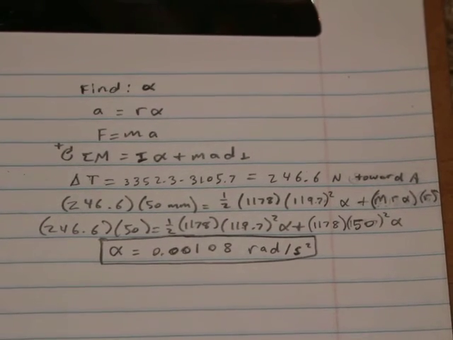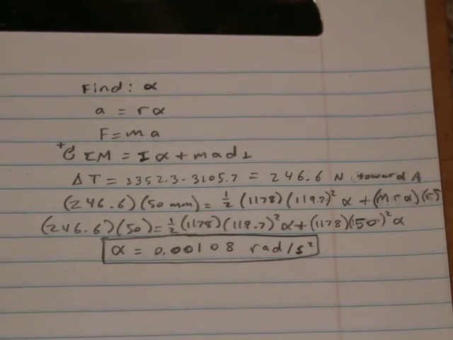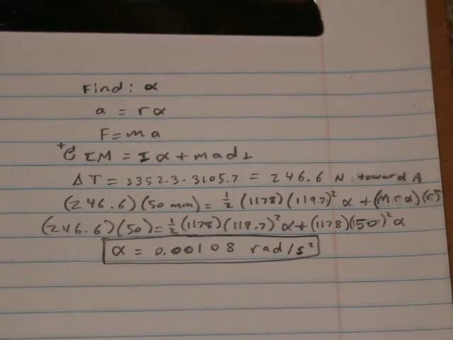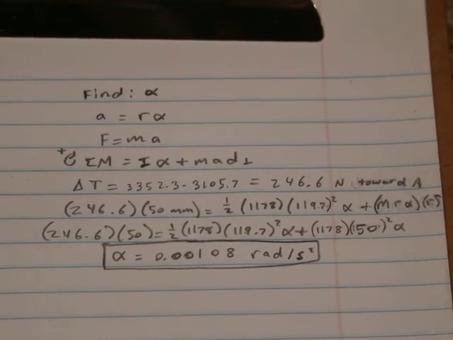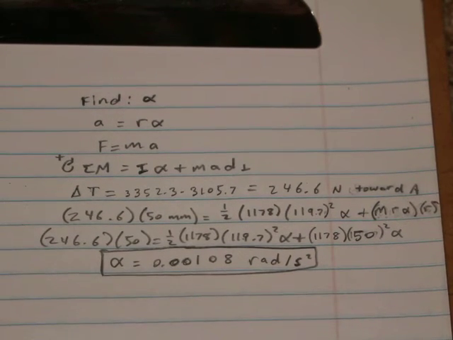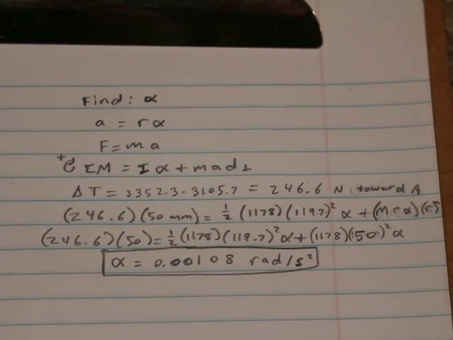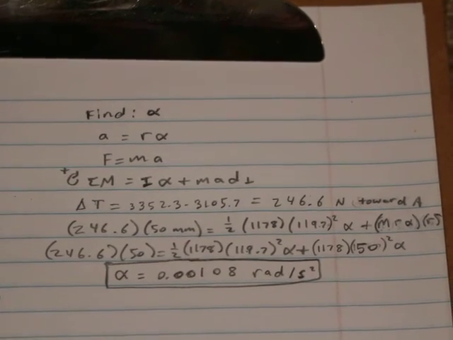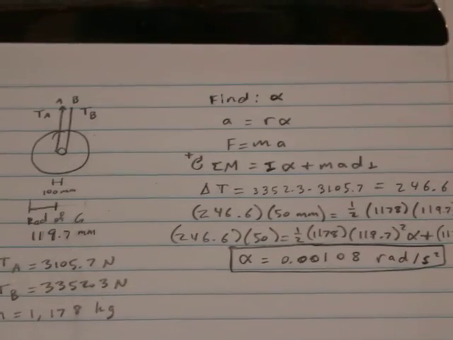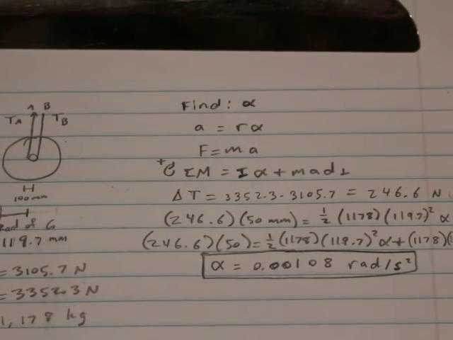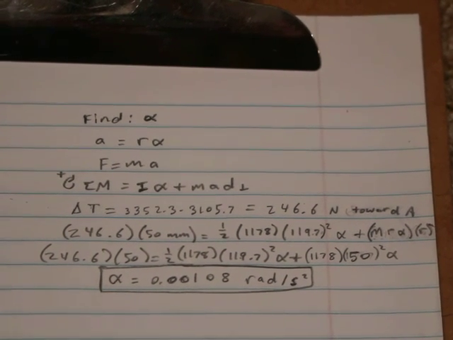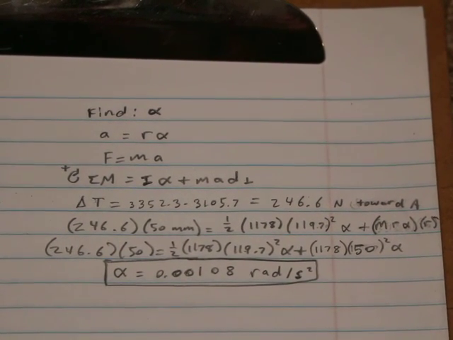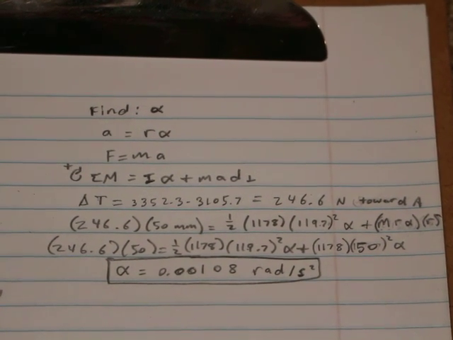The left side of the equation stays the same, inertia times angular acceleration, and the right side of the plus sign becomes our mass, 1,178 kilograms, times 50 millimeters squared. Again, that's the radius of the moment about the tension, squared, times our angular acceleration. And our angular acceleration equals 0.00108 radians per second squared.